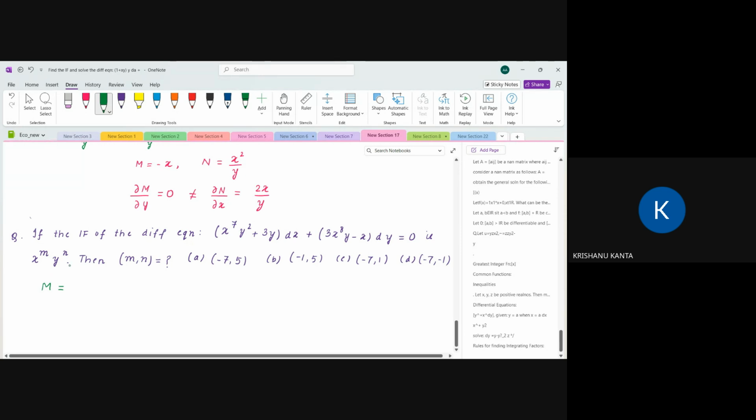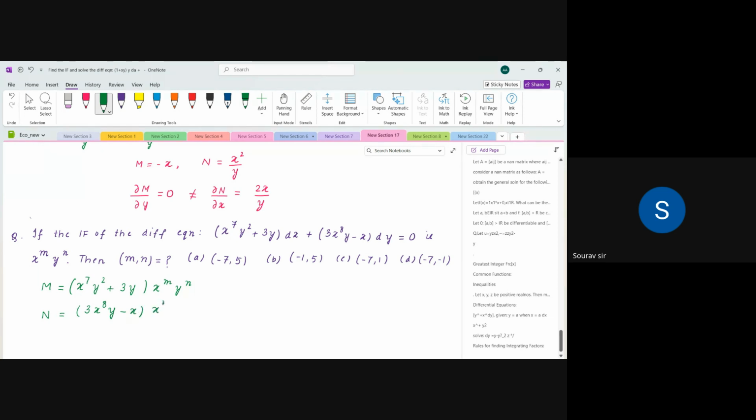Your m is x to the power 7 y square plus 3y. This has the integrating factor, right? So that means this will become exact after you multiply with the integrating factor. Oh, yes. That's why I asked this question. That is the common mistake.